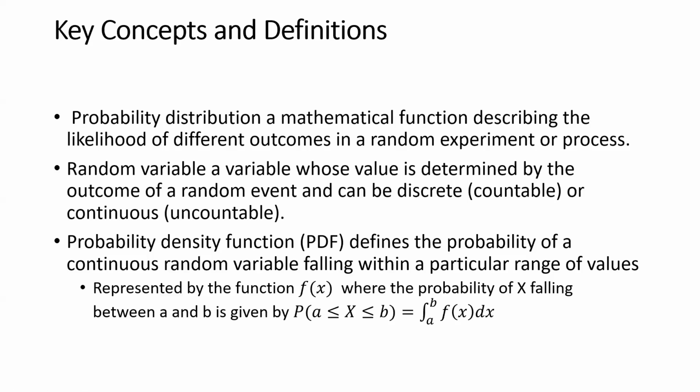A random variable is a variable whose value is determined by the outcome of a random event, and it can be discrete or continuous. Discrete means, suppose take the example of flipping a coin. The outcome would be either head or tail. Suppose head we denote 0, tail we denote 1. Whenever the random variable takes value 0, it means head appears, and 1 means tail appears.